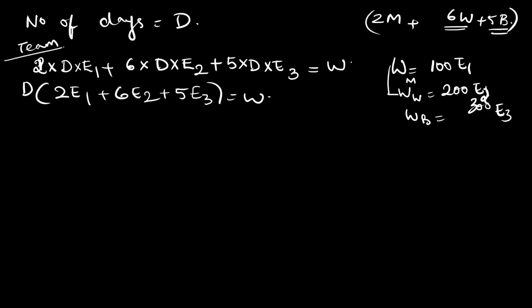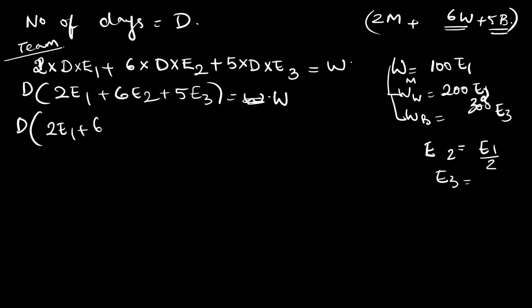All these works are the same, and we can substitute for work here. That is, next step we'll see 2 into E1 plus 6 into E2. We already found that E2 is equal to E1 by 2 and E3 is equal to E1 by 3. We'll substitute it here: E2 is E1 by 2, plus 5 into E3, which is E1 by 3. And now we'll substitute for work here.